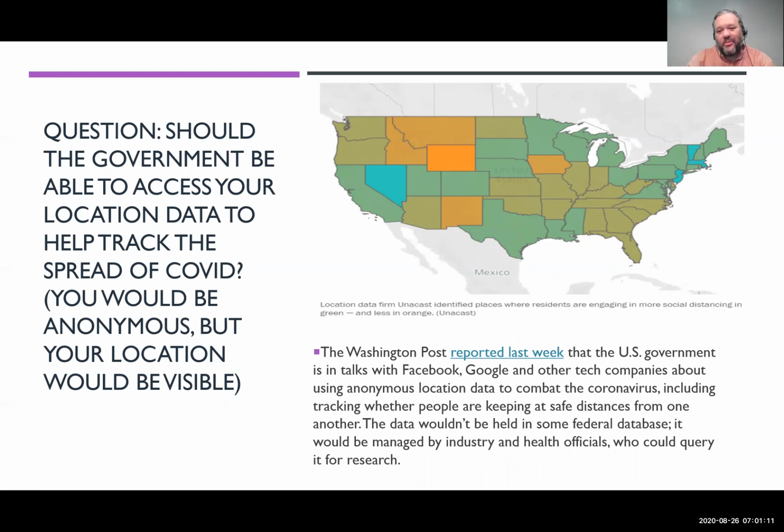Anonymous, right? They don't know it's you, but they still know there's somebody there. If we can track where everybody's going, it might make it easier to slow the spread for sure. So the question is, should that be your own private information, or should the government have access to it? It brings up a really good question: privacy versus public safety.